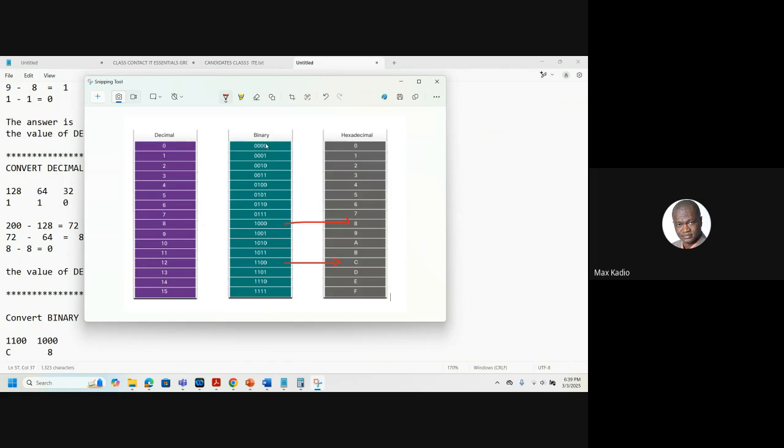The first one: 0, 1, 0, 1, until you finish. After that, 00, 11, 00, 11 till you finish. After that, 4 zeros, 4 ones, 4 zeros, 4 ones. And the last one, 8 zeros, 8 ones. Done. You see, it's very simple.